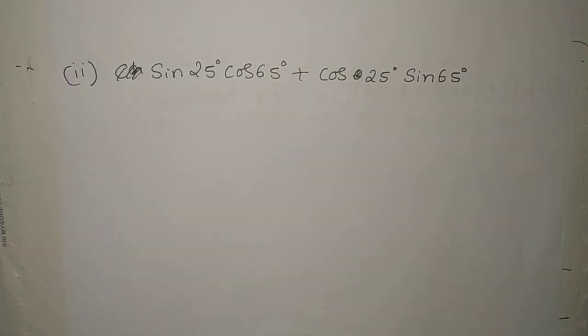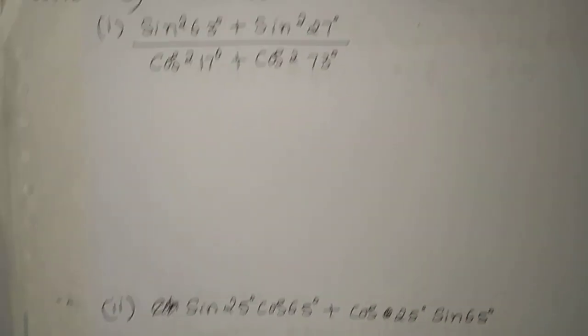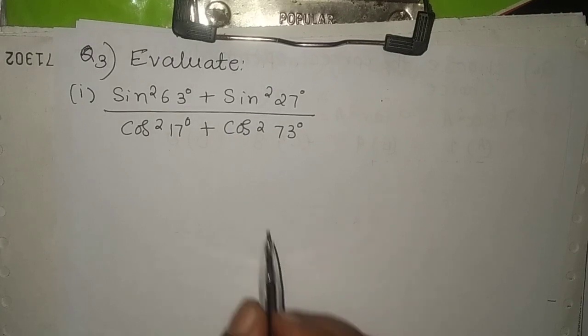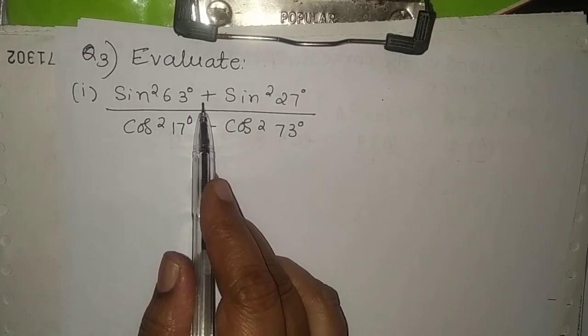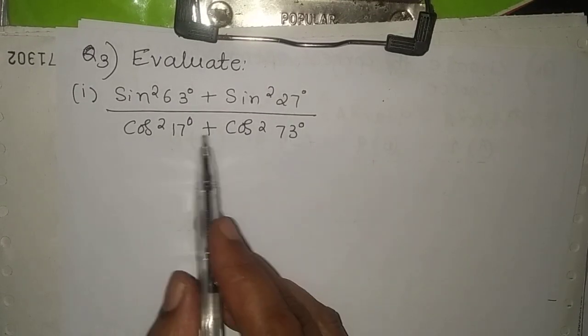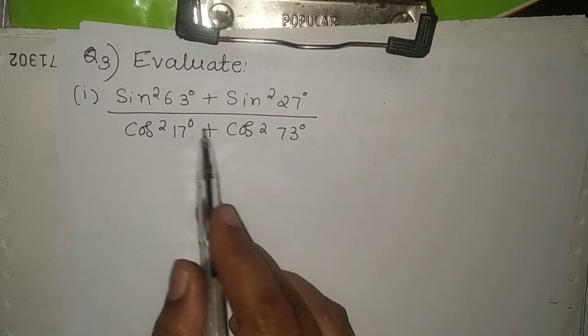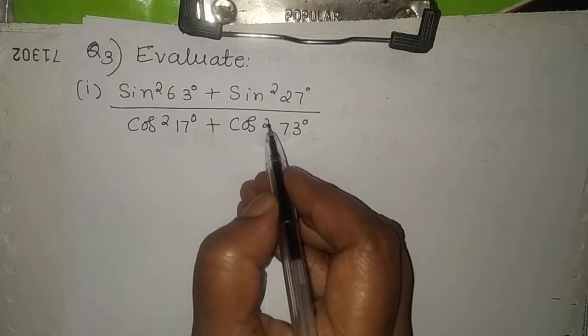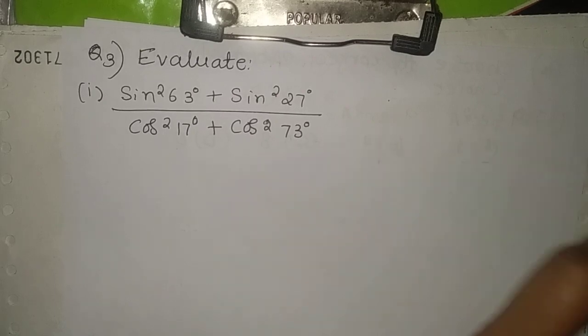The third question is: evaluate sin square 63 degrees plus sin square 27 degrees plus cos square 17 degrees plus cos square 73 degrees.